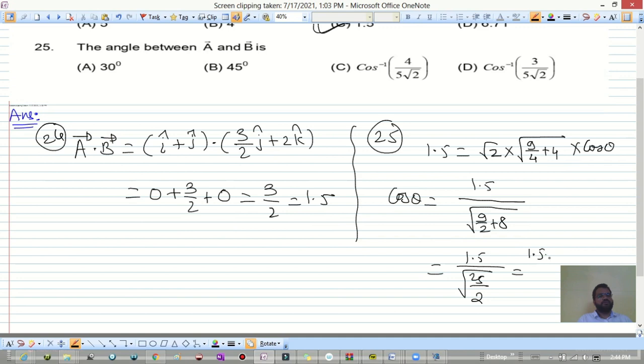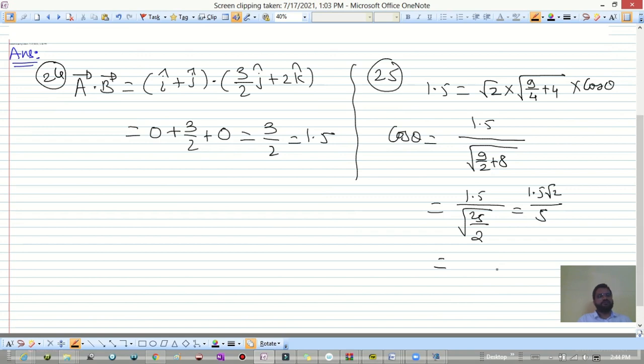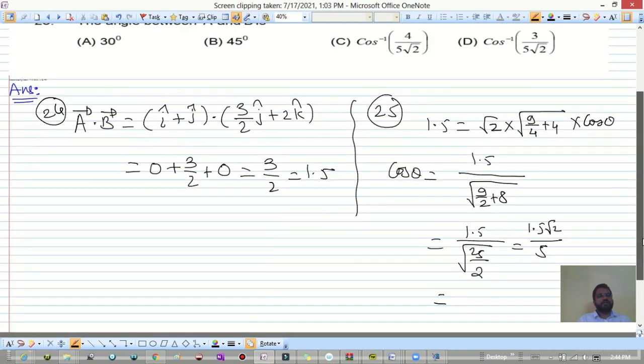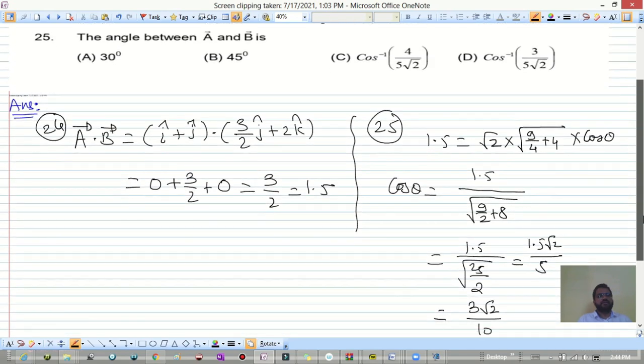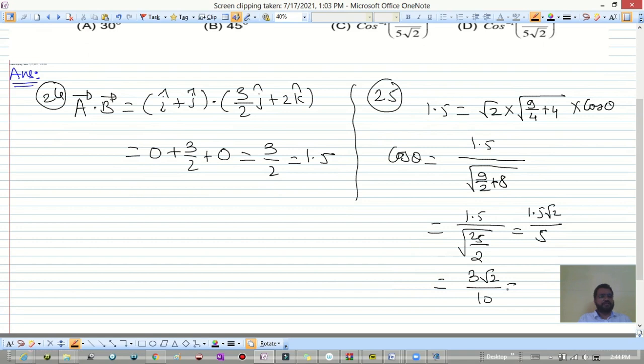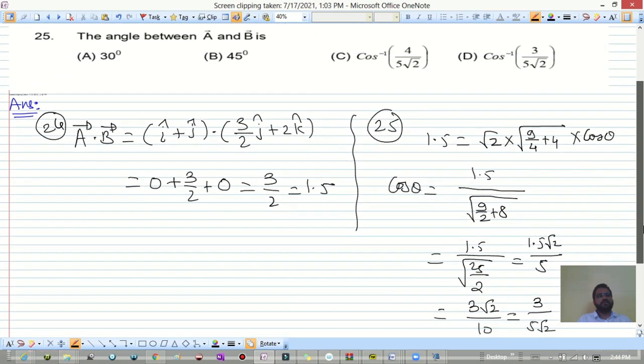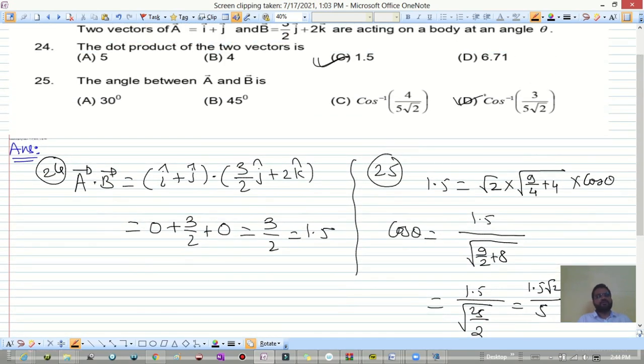So 1.5 root 2 divided by 5, which is 15 divided by 50. So 3 root 2 divided by 10, or this can also be written as 3 divided by 5 root 2.